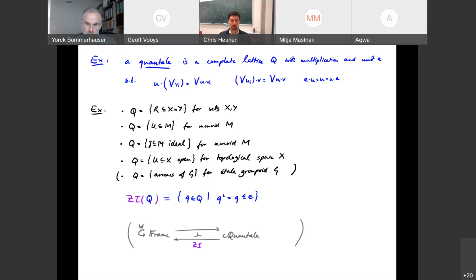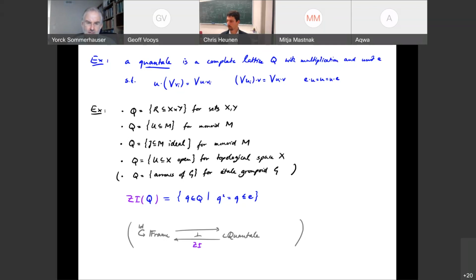If you start with a commutative quantale, you can regard it as a monoidal category, as we did in the last slide. Take its central idempotents. You won't just get a semilattice, you will in fact get a frame. And this is an adjunction again. So the central idempotents pick out the largest subframe of a given quantale.